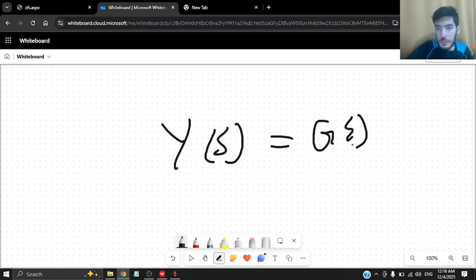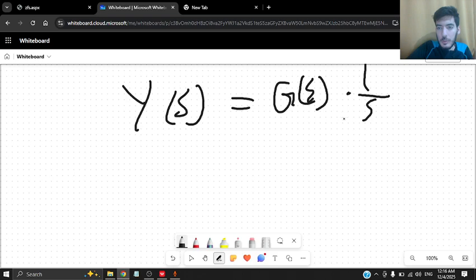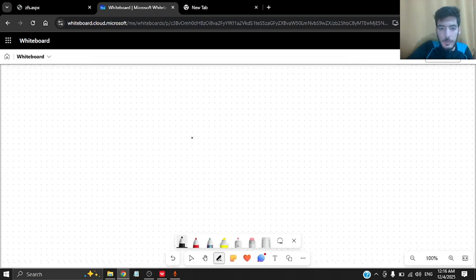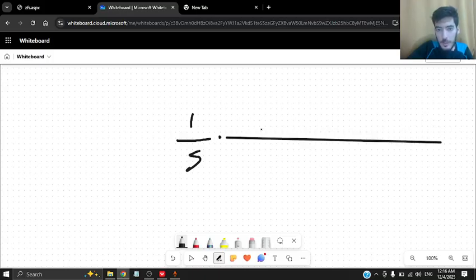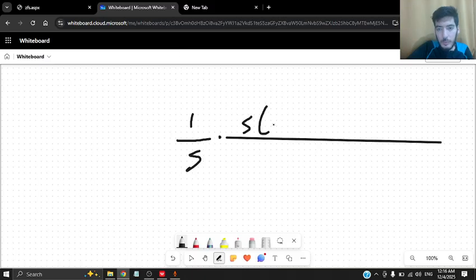It will be equal to G(s) multiplied by the input, which is 1 over s for the unit step function. So it will be 1 over s multiplied by, here I have, s multiplied by s squared plus 3s plus 7.